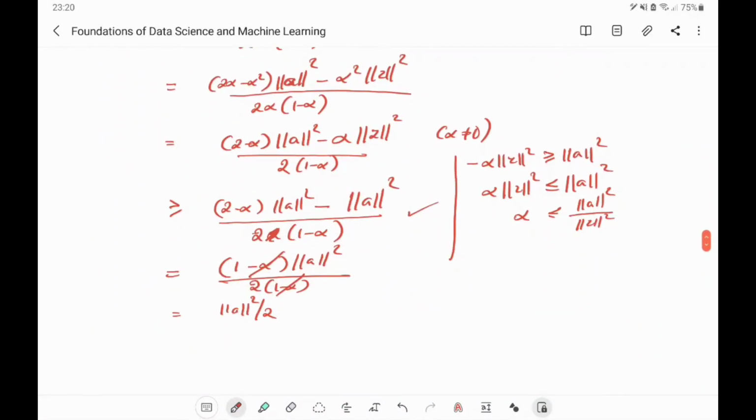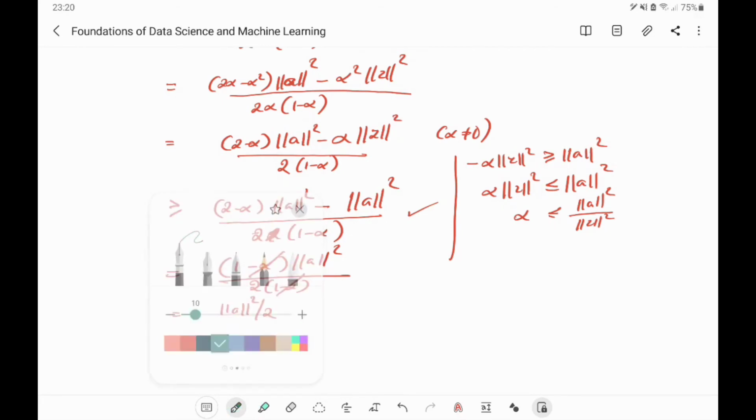But now if you see, if I play with this, which I won't get into the details, instead of this, I can actually choose alpha to be maybe half of this. Let me use another color.